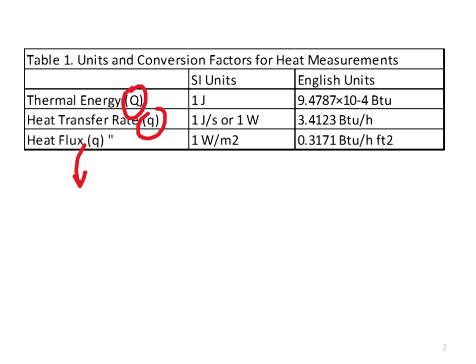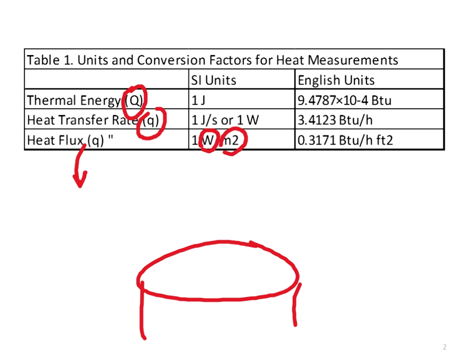But then there's the flux. That's the new term. And the heat flux would be the heat transfer rate per area. Here we have the watts divided by an area. So let's say that you have a specific area and then you have heat that is being emitted by a source.